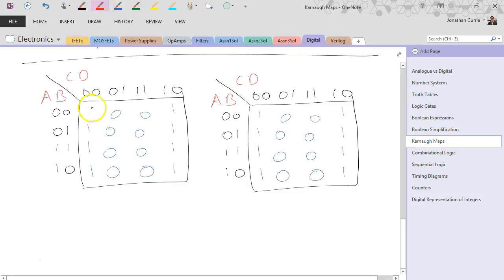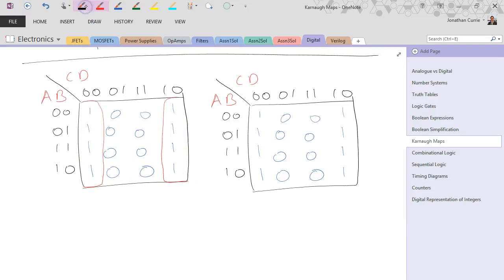In this case you might say, oh, we can just circle these ones. Well, yes, that is a simplification, but that's not the minimal simplification because we can overlap over the edges. So these then fold over on this side and come around back on this side, resulting in an expression where we don't care what A or B is, every possible combination.